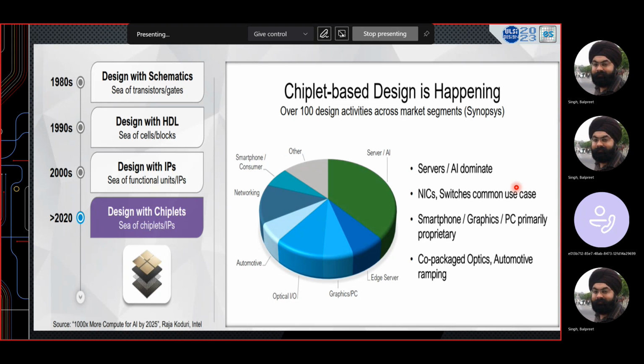Now in 2020 plus, what are we thinking about? How can we really design chiplets? Chiplets are basically modules inside a complex SoC. Individual modules are built and tested like silicon, and then you assemble them together to get the functionality.